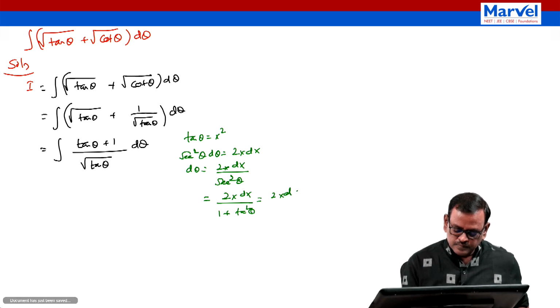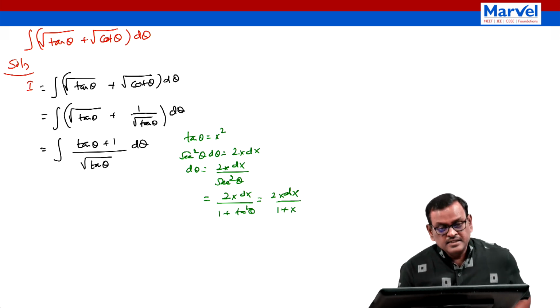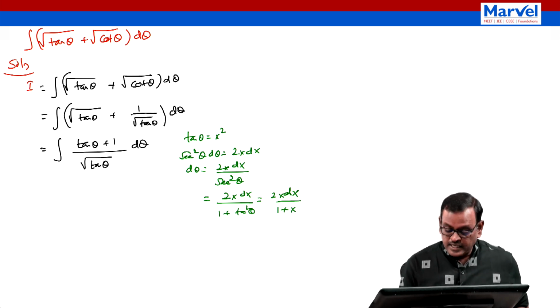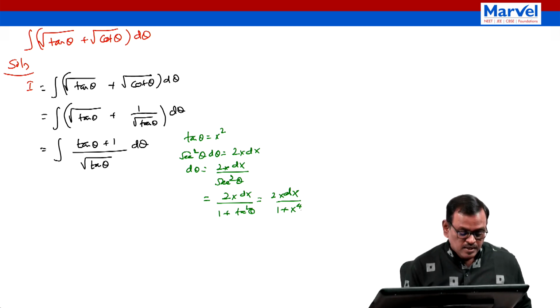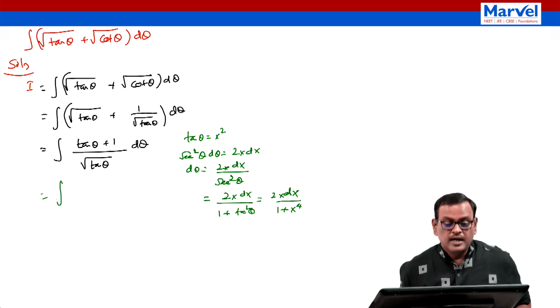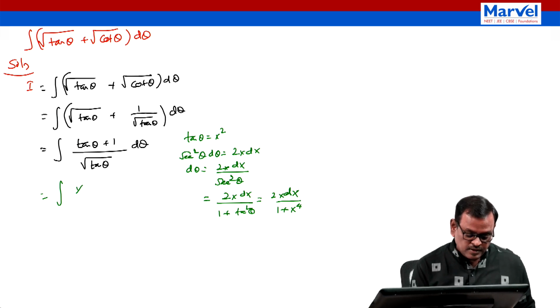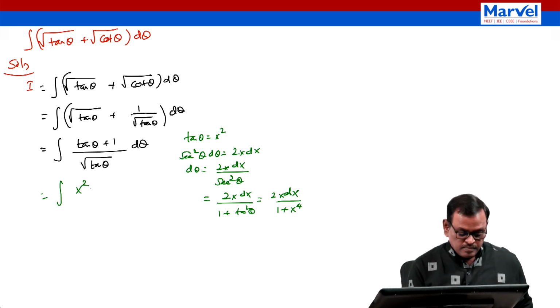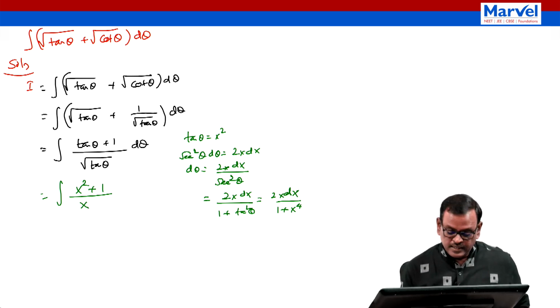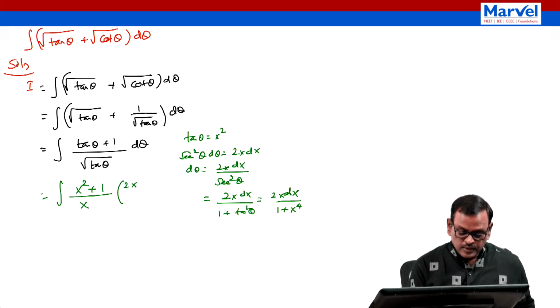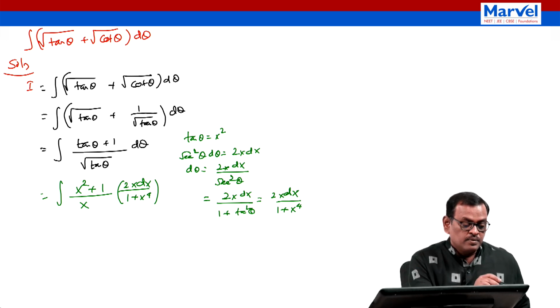Since tan theta is x square, tan square theta is x power 4. Therefore I becomes: tan theta is x square, plus 1 by root tan theta, which is x, into d theta, where d theta is 2x dx by 1 plus x power 4.